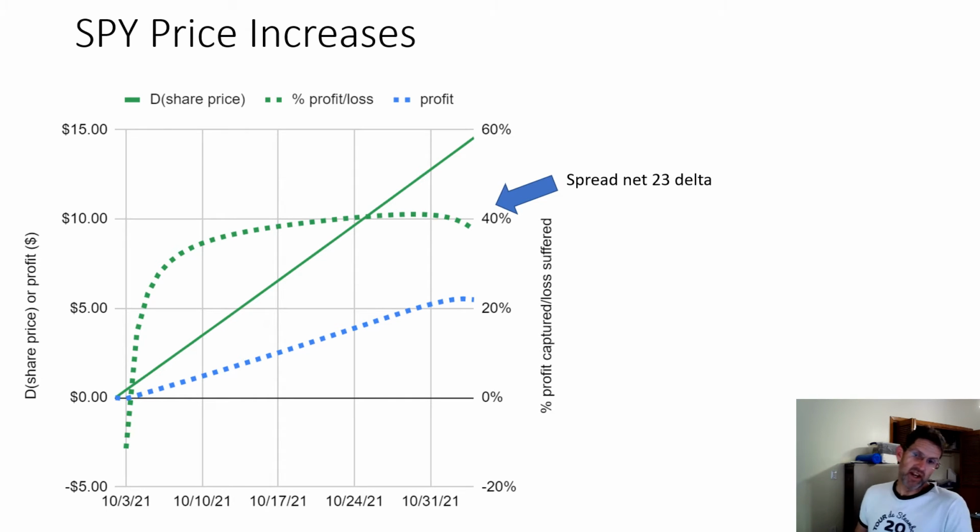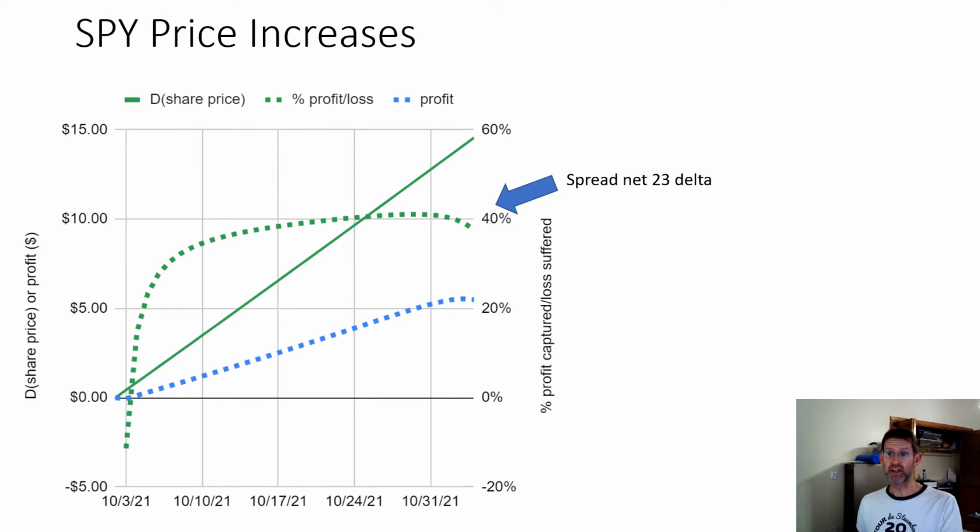And what's kind of interesting here is this spread, when I purchased it, was net 23 delta. So if you use delta as a proxy for probability, then this spread should have the equivalent of 23 shares of stock. So it should be about 23% as effective as owning the stock itself.